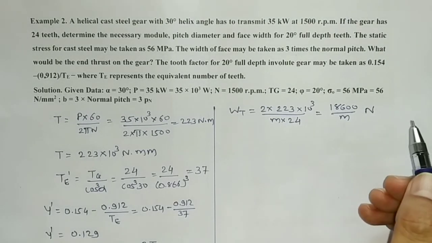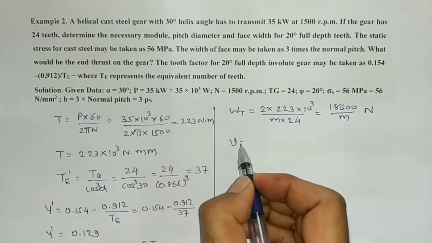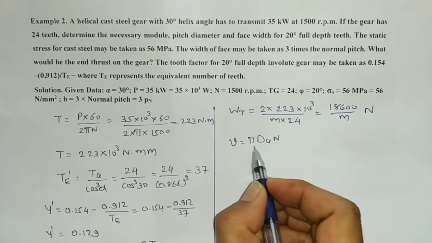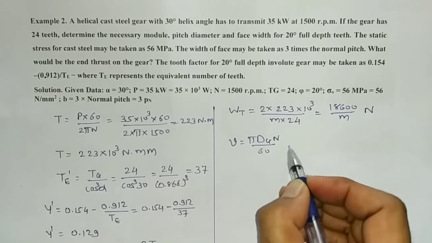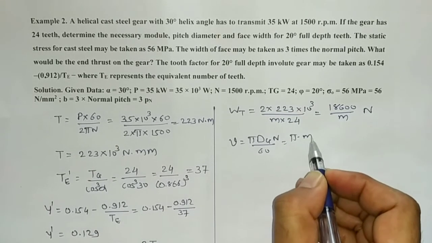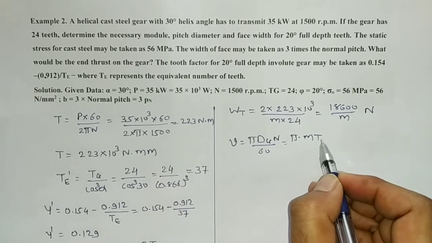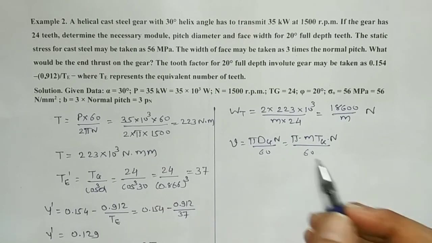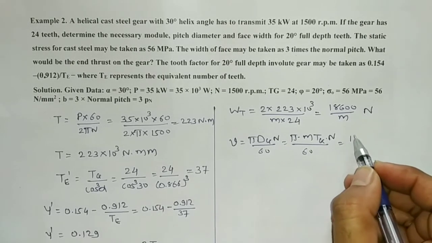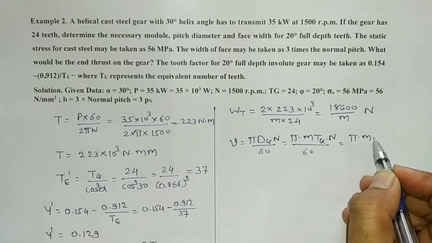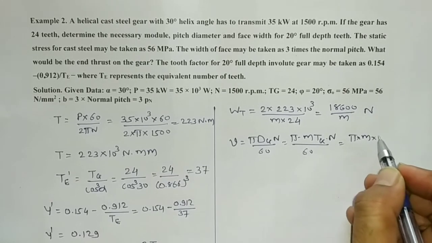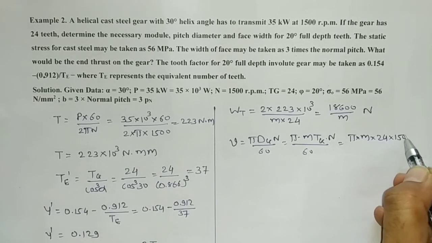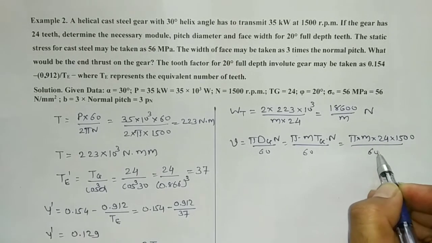Okay, now peripheral velocity v. So peripheral velocity v is equal to pi dg n by 60. So pi m dg into n by 60. Okay. Now put value in this equation, pi into m into 24, Tg is equal to, and n is equal to 1500 divided by 60.